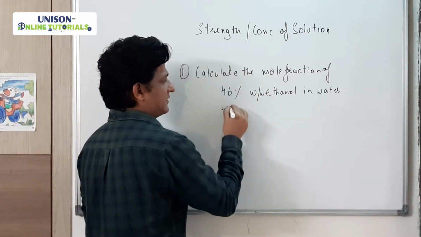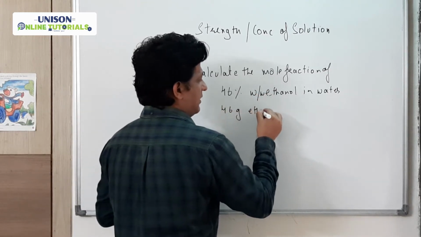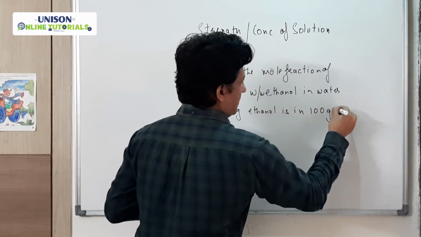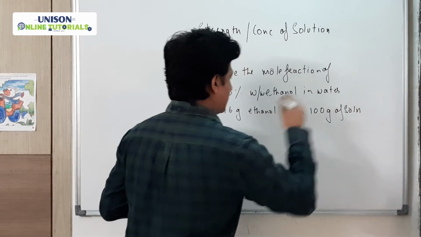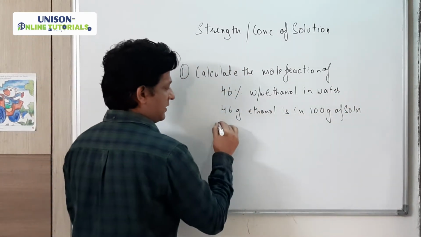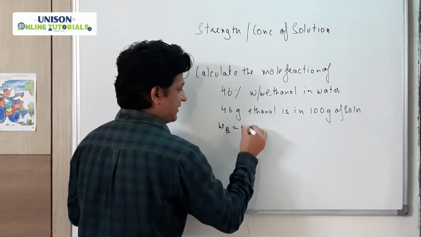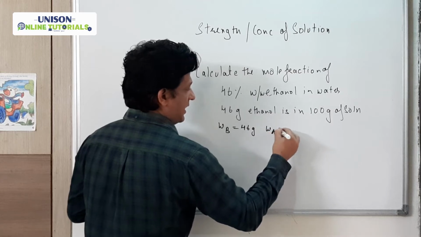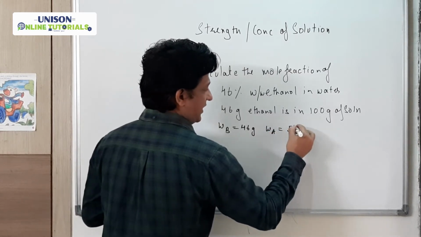That means 46 gram ethanol is in 100 gram of solution. Okay. So यहाँ से मेरे को ethanol का weight मिल गया. Ethanol is WB. Clear? That is 46 gram. Total 100 gram है. So WA कितना हो जाएगा? 100 minus 46. That is 54.